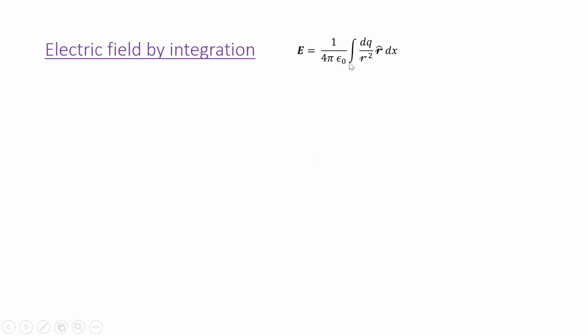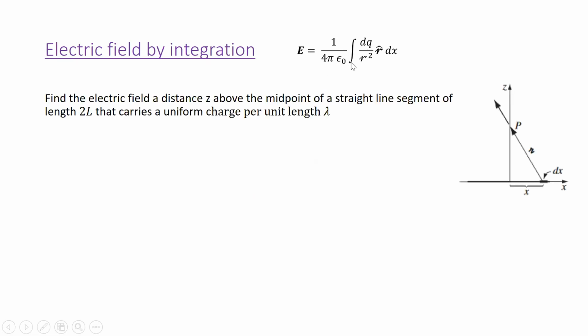If we have a distribution, this dx shouldn't be here. It should just be dq. So we integrate up over all the charges in a distribution, q over r squared over 4 pi epsilon naught.